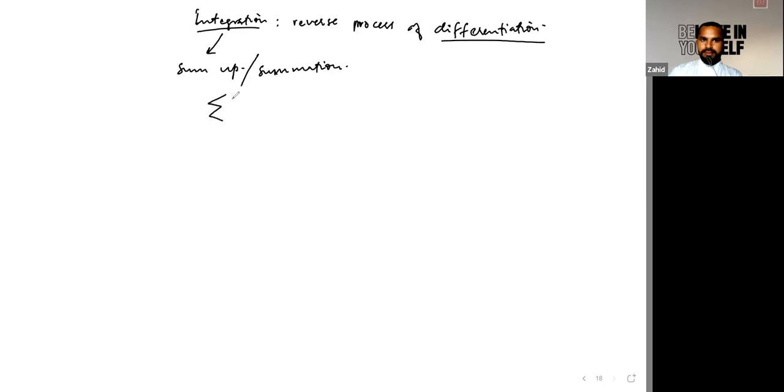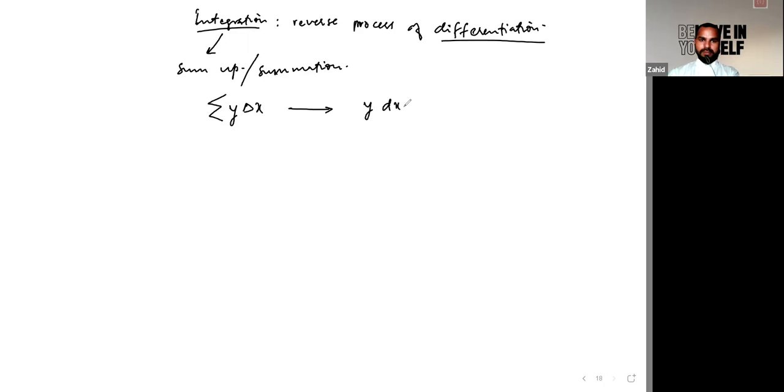Let's say sigma, it defines you sum of term having delta x expression or y times delta x. If delta x tends to very small, that this difference will tend to 0.